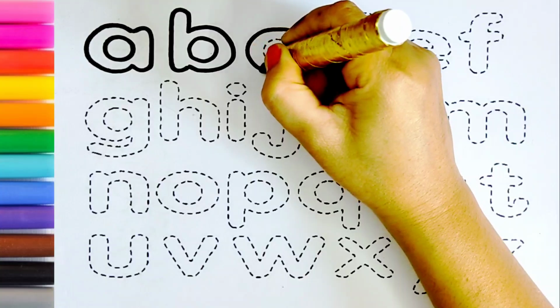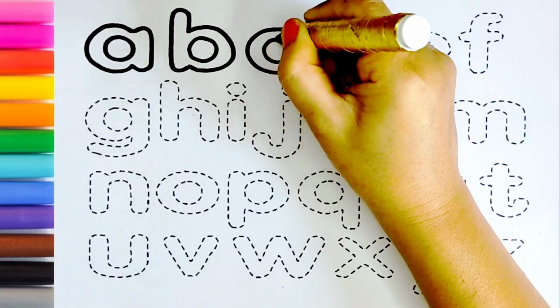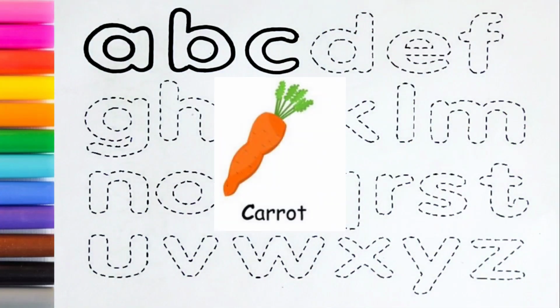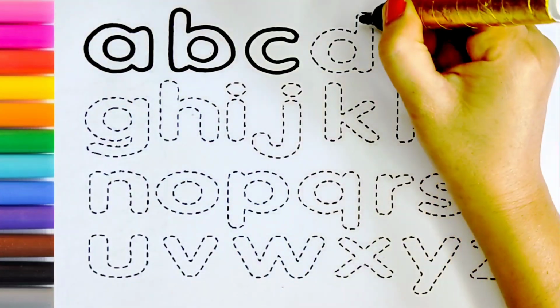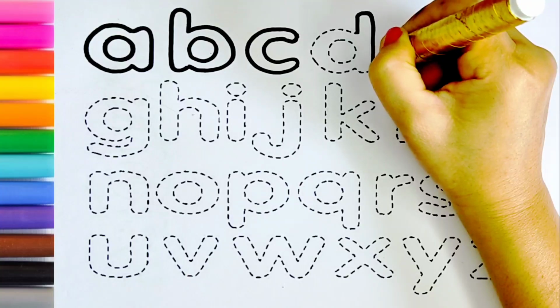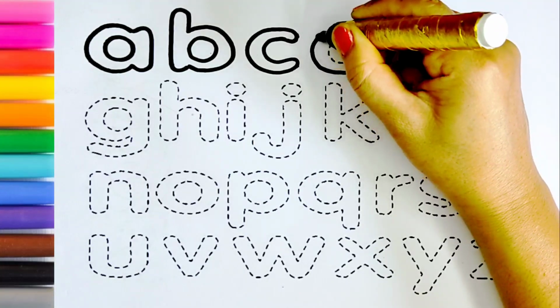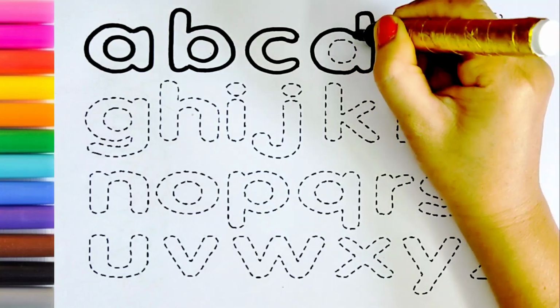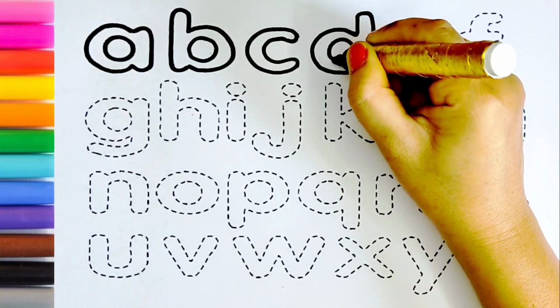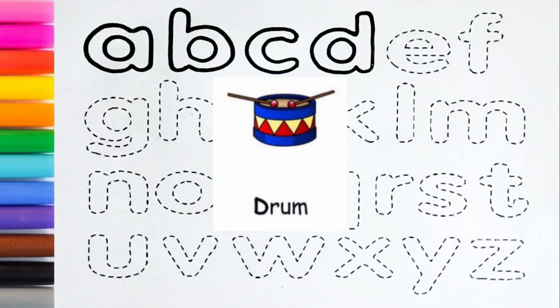C for cat. C for carrot. D for doll. D for drum.